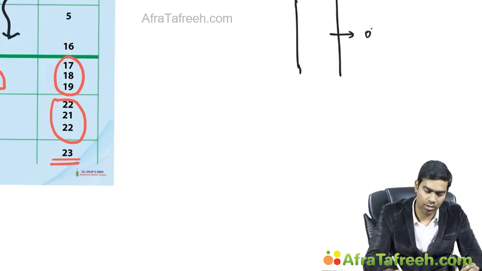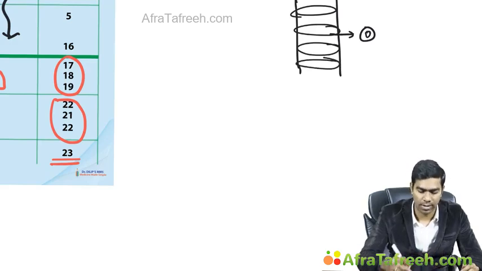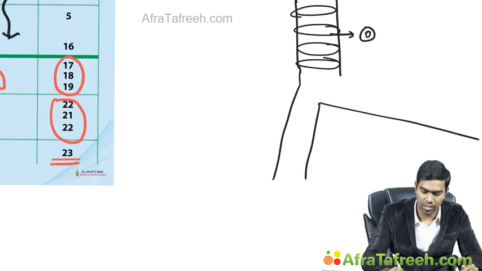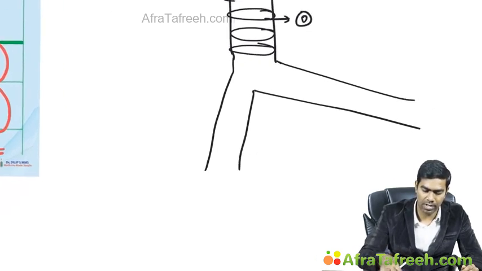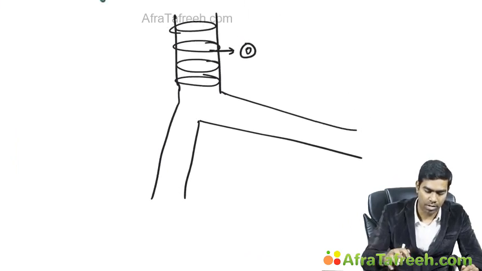This trachea is going to contribute to generation number 0, and it's going to have cartilaginous rings, you know that, and which is further divided into 2 bronchi, that is a right mainstem bronchus and a left mainstem bronchus.